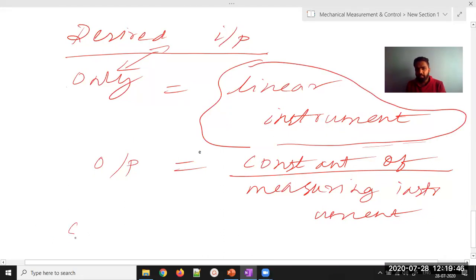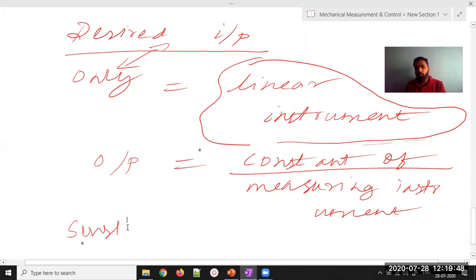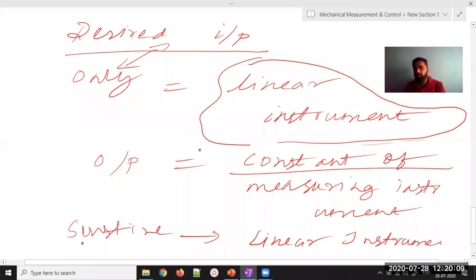They will be sensitive, but in the range of a linear instrument. They will be linear in nature when it comes to reading, and the reading can be found in terms of the constant of the instrument, which is always constant. So this was the basic definition of linear sensitivity.